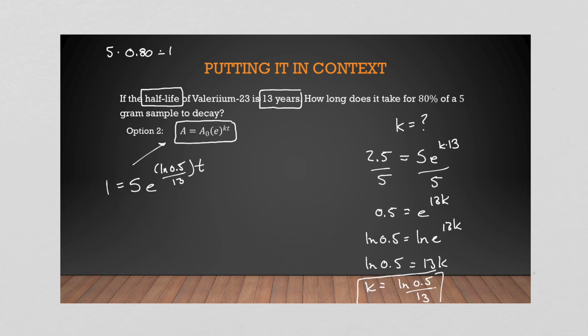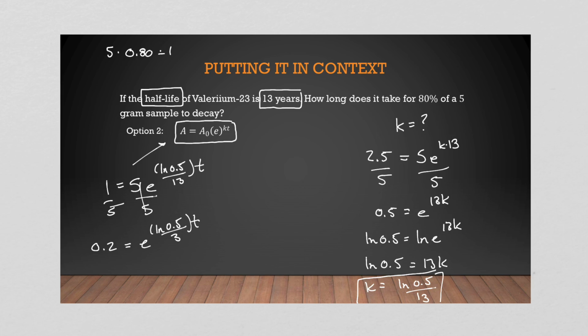So again, divide both sides by 5, and this time you get 1/5, which is the same as 0.2. I'm converting to decimal here to just give you another option. So 0.2 equals, and now I have e to the power of natural log 0.5 over 13, all times t.